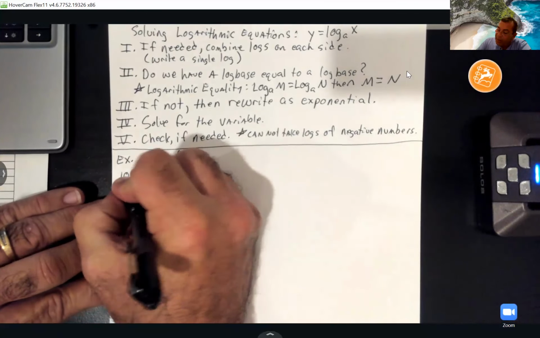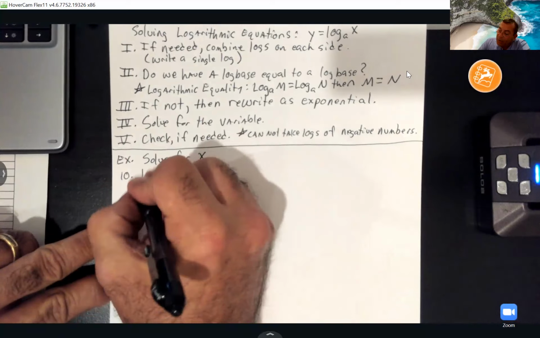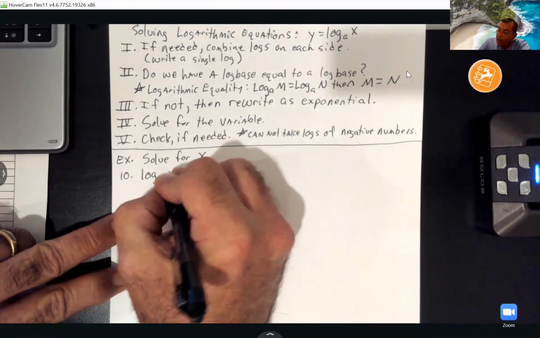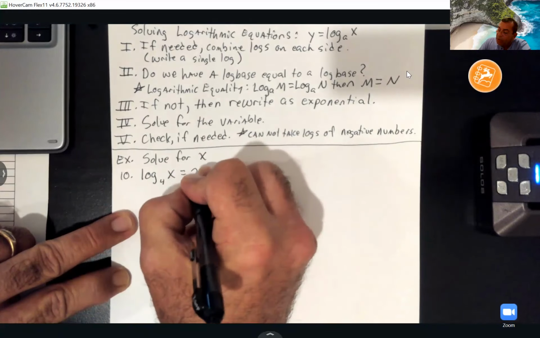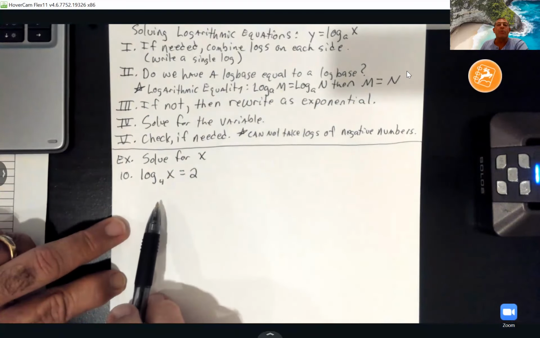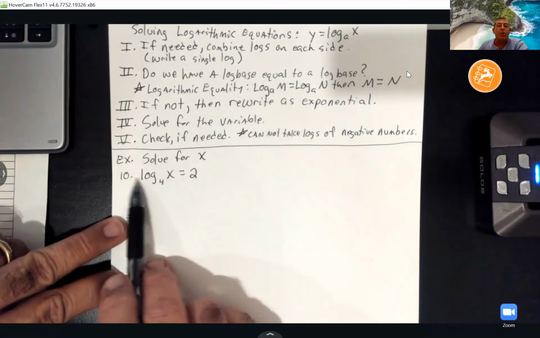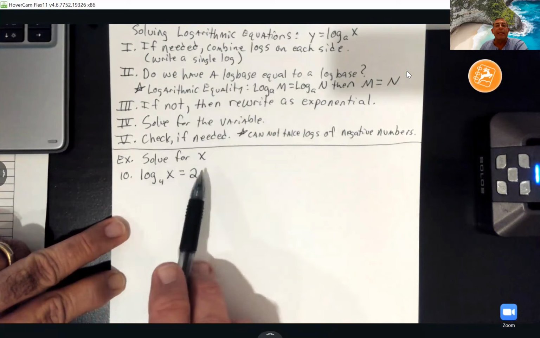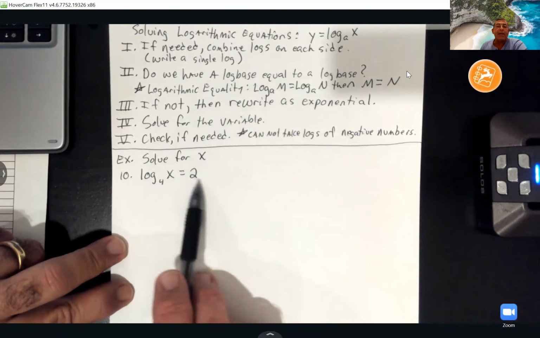So these start at number 10, like I said. The first one is log base 4 of X equals 2. I don't have more than 2 logs over here, so I cannot combine them. I don't have a log equal to a log, because this side doesn't have a log.